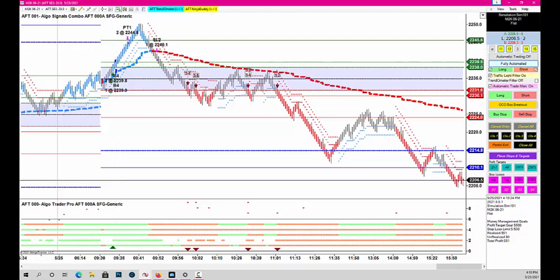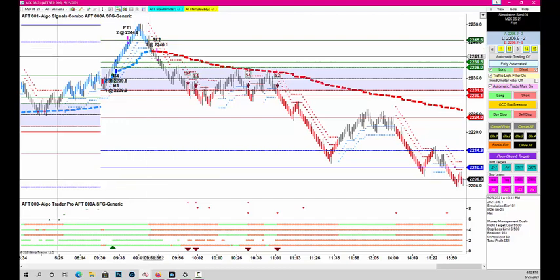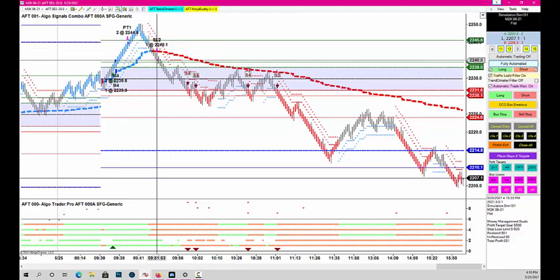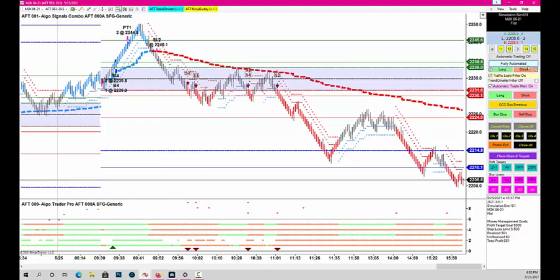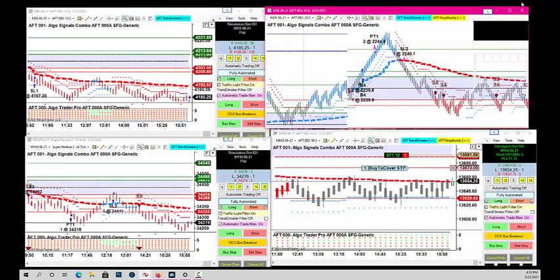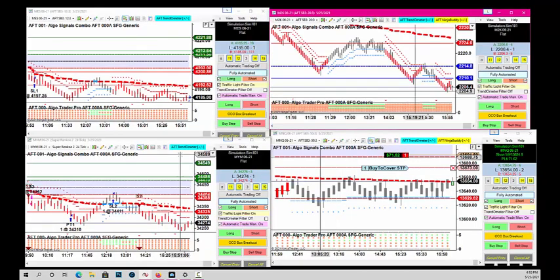Again, M2K, we got long off the opening break, took 2 contracts off in profit at the first target. The second contract stopped basically at break even there, and then shut that off and did not take the short trade, which would have been a pretty good trade to the short side. But anyway, that was profitable.